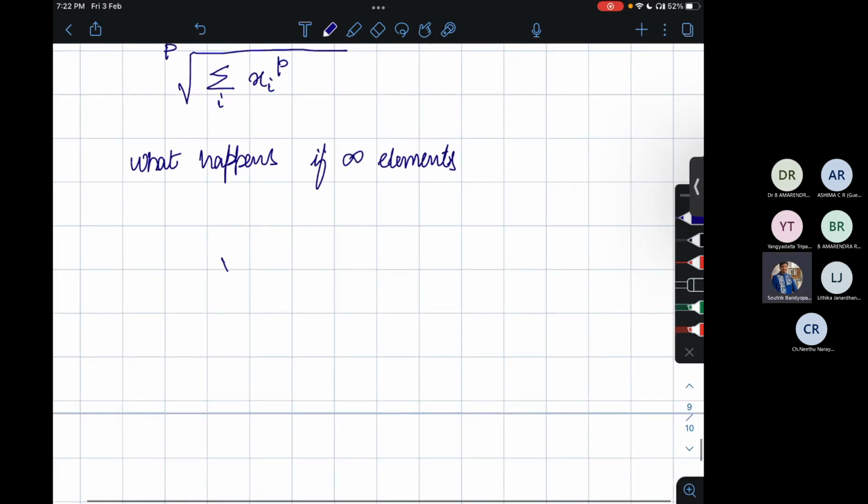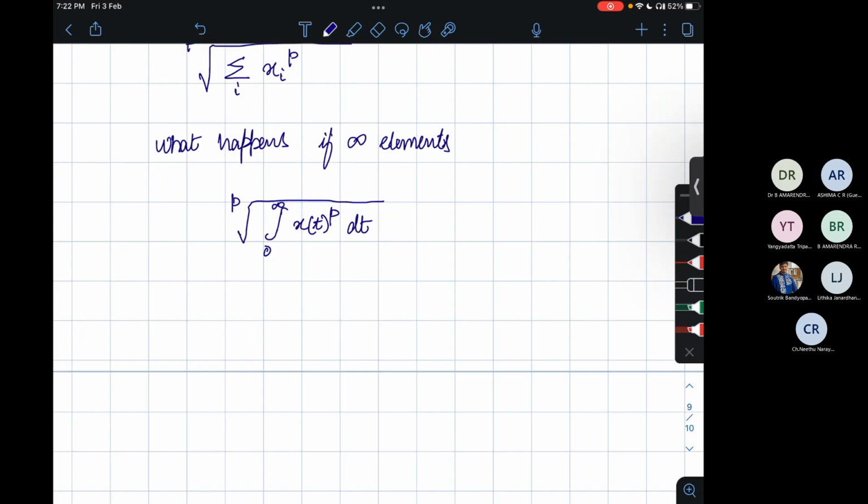You could replace that summation with an integral, and you have the pth root of the integral of x of t to the power p dt from 0 to infinity, or minus infinity to infinity.